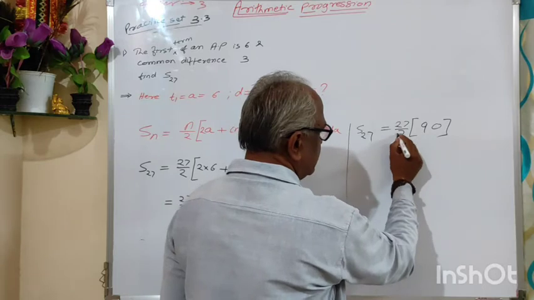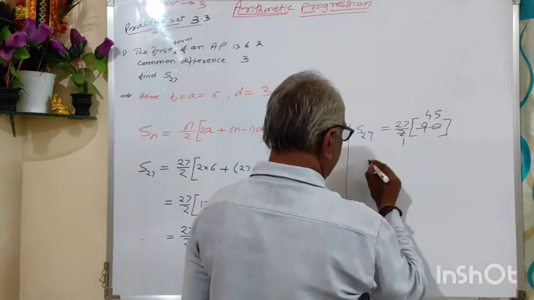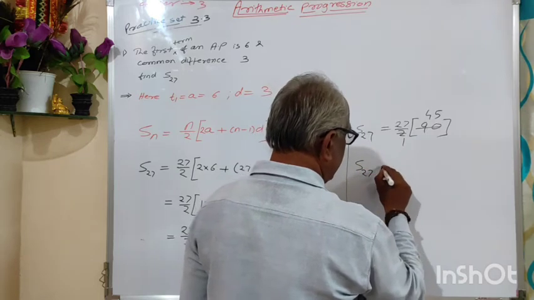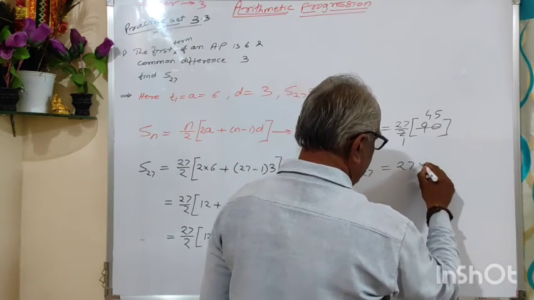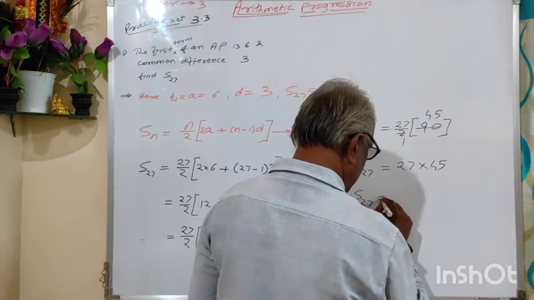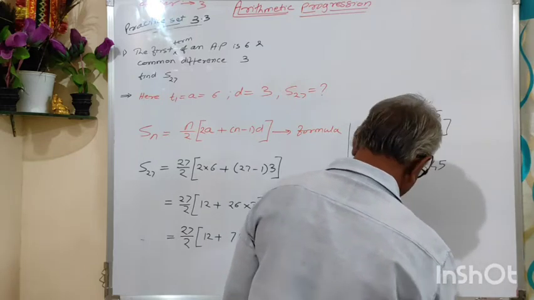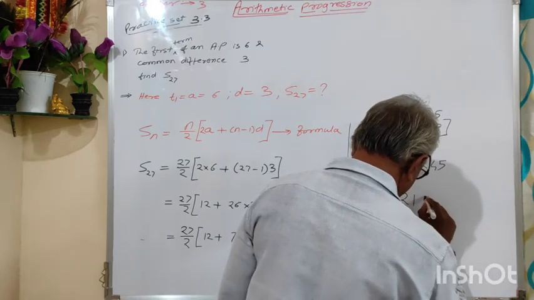So you can cancel this: 2 ones are 2, 2 fours are 8, 2 fives are 10. So S27 is equal to 27 into 45, which is 1215.